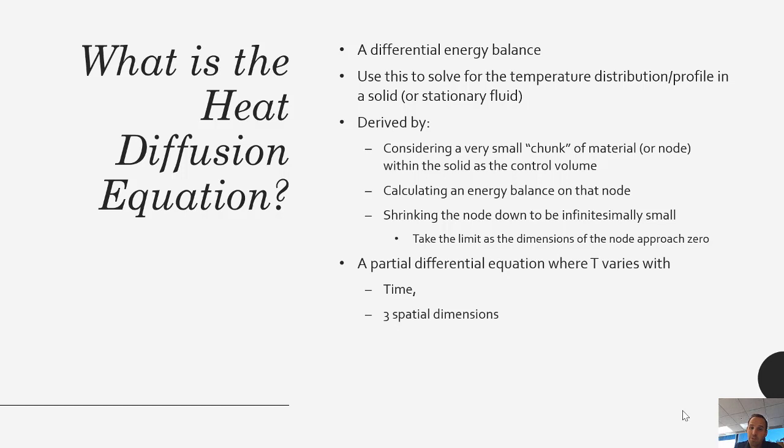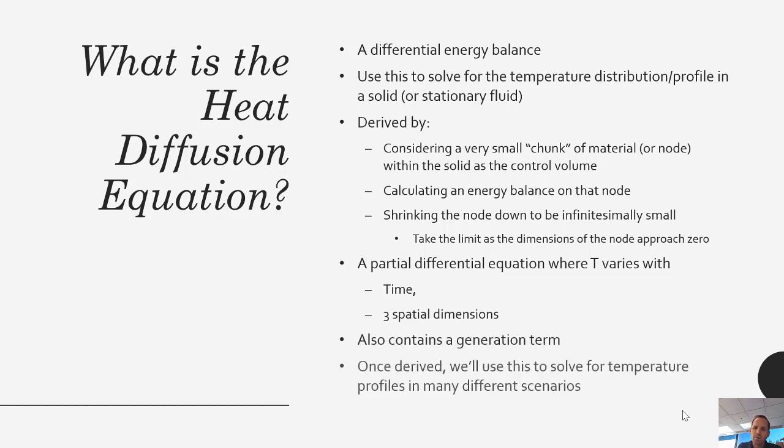It does become a PDE, and temperature is going to vary with time and with 3 spatial dimensions, and those would vary depending on our coordinate system. It's also going to have a generation term, and then once we've derived this equation, we'll be able to use it repeatedly over and over. So it's really important to remember that the heat diffusion equation, or the heat equation, comes from an energy balance.